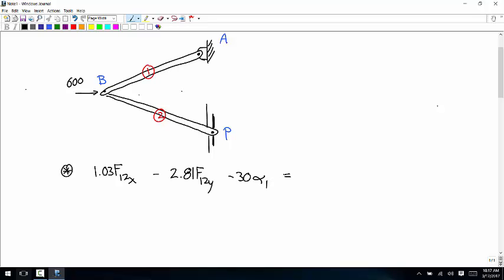And then what's the constant if you add those all up? Minus 756.3? Yeah. Okay. And then equation 2 says negative F12x minus 10 A2.